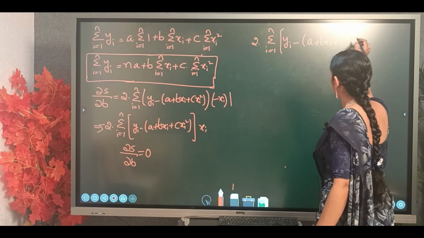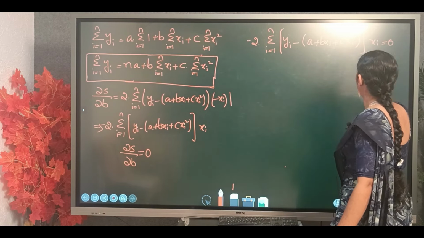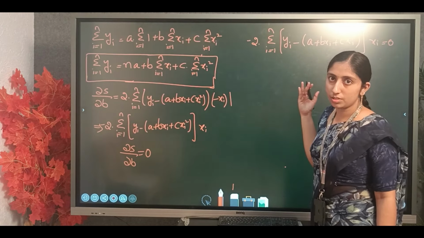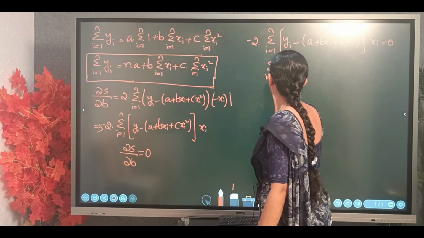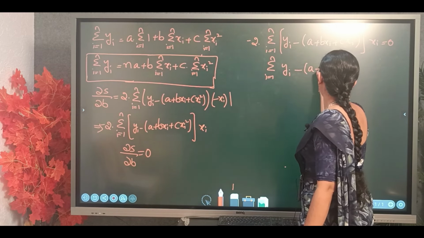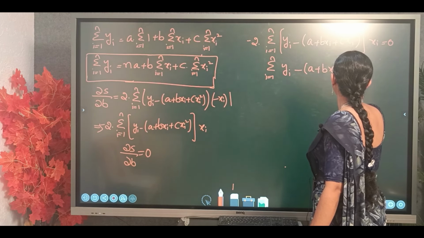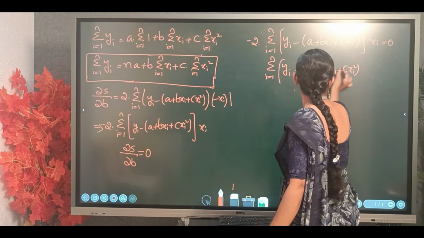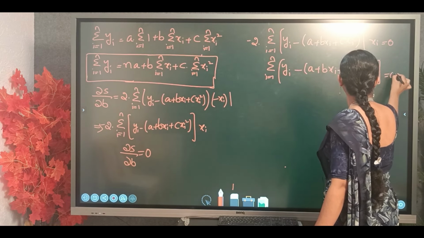What is this? Xi is equal to 0. When this 2 goes to that side, it will become 0. So what's here? Summation i equal to 1 to n of yi minus (a plus bxi plus cxi square) into xi is equal to 0.